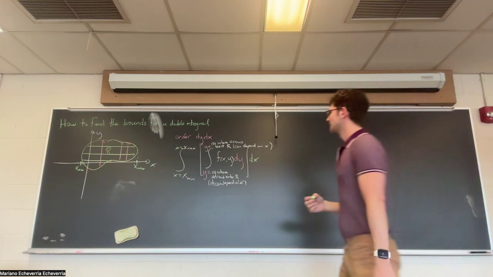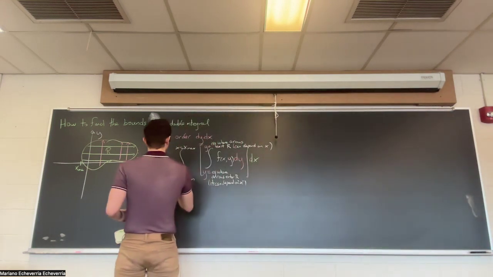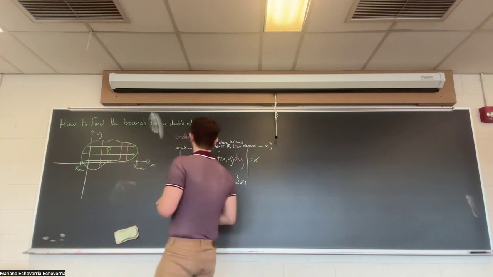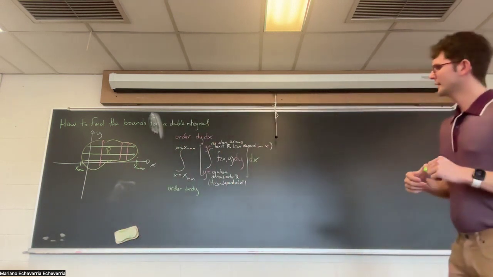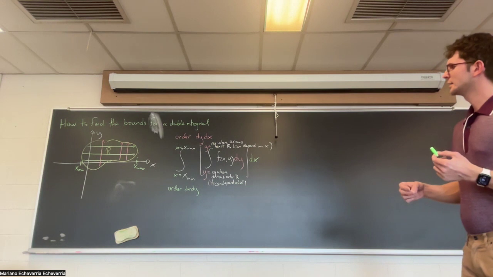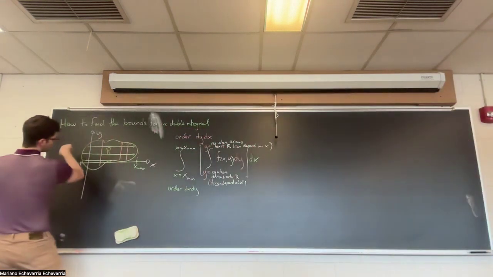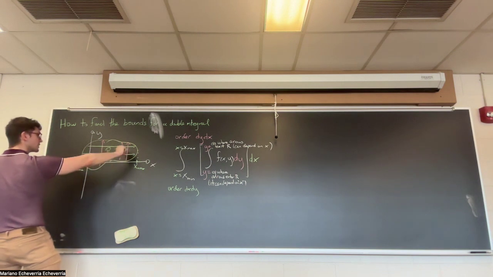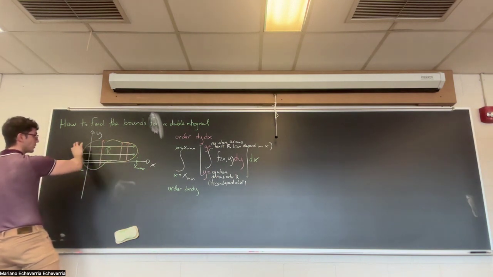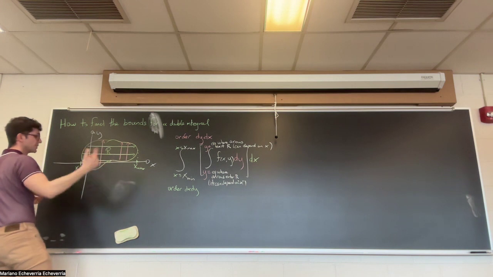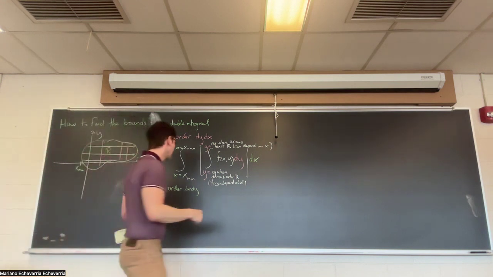And that's called the order dxdy. The idea here is that along each horizontal arrow, the x variable is the one that's changing, and y is fixed. So that means that you're integrating with respect to x.